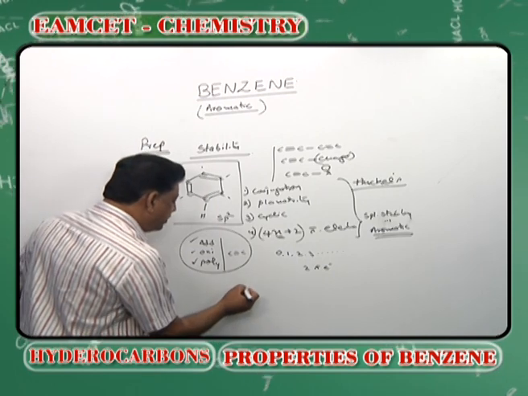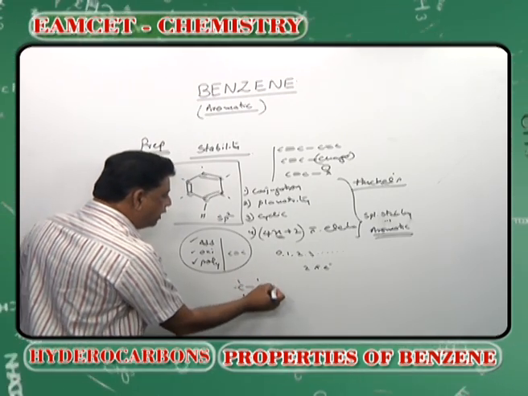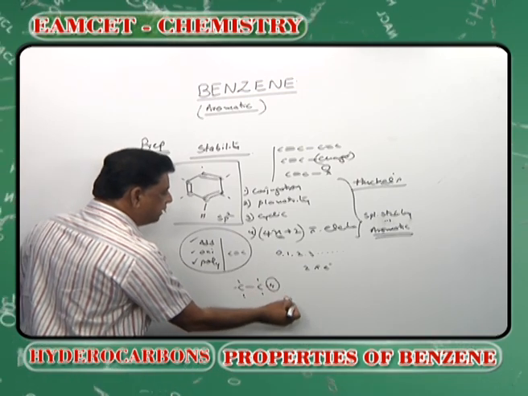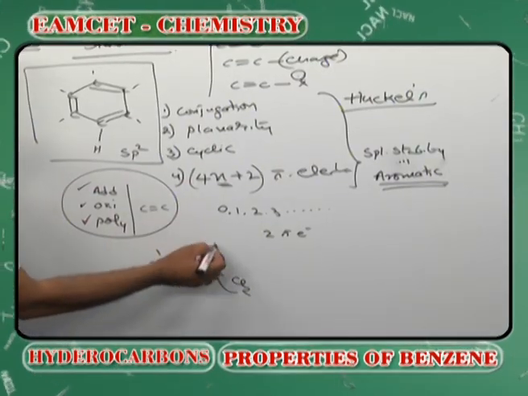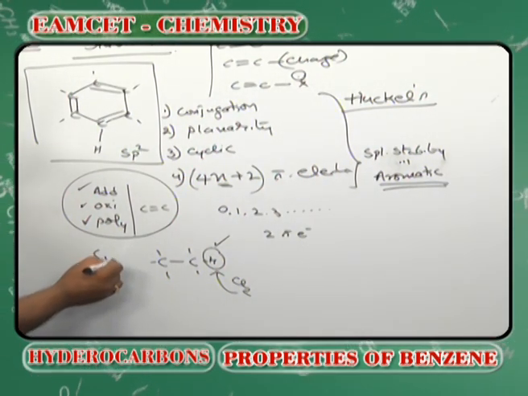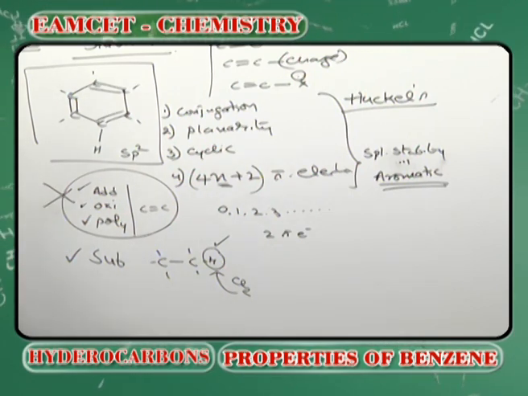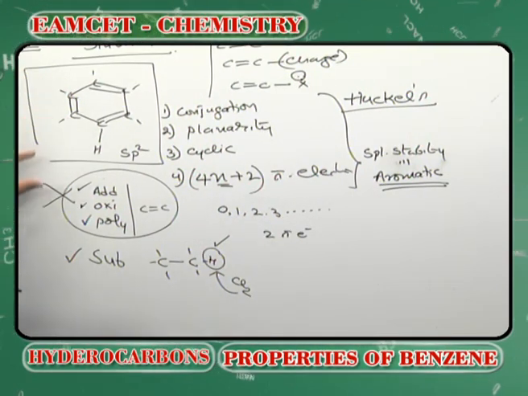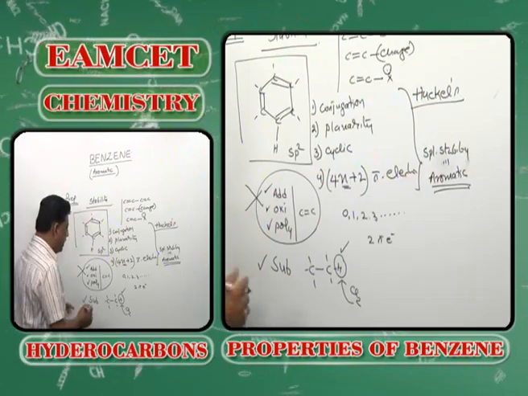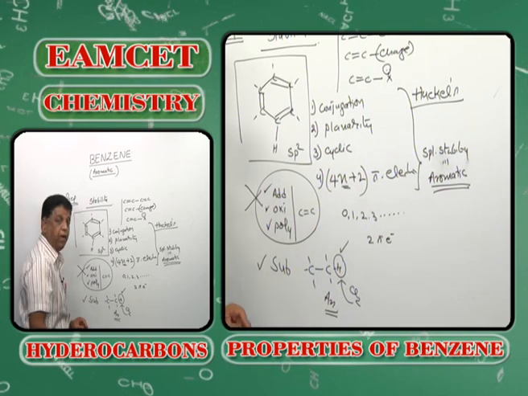But in addition to that, alkane molecules like ethane and methane undergo replacement. For example, if you add chlorine, one chlorine replaces a hydrogen. This is called what? Substitution. So substitution reactions it is showing. All these 3 reactions it is not showing. So instead of showing the ene reactions, it is showing a characteristic reaction of alkanes, which are saturated compounds.